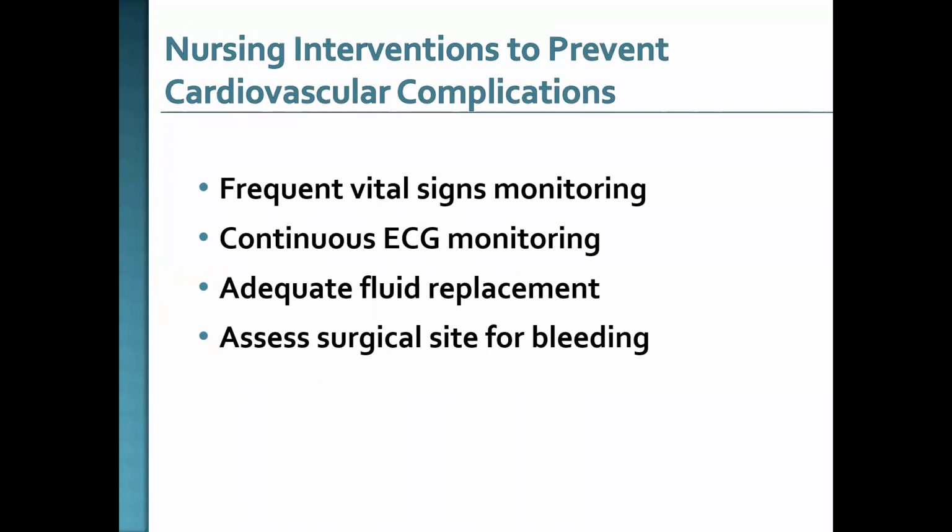Cardiovascular interventions: vital sign monitoring, usually every 5 to 15 minutes in phase 1. This may be different depending on the facility, so always check the facility's policy. You want to compare your blood pressures and vital signs with preoperative and intraoperative results to determine if the vital signs are returning to baseline.